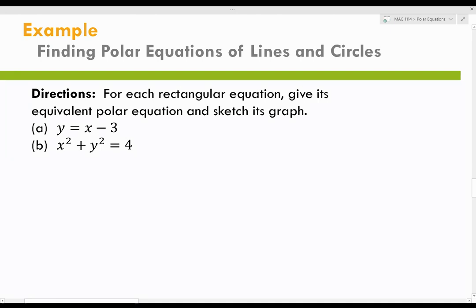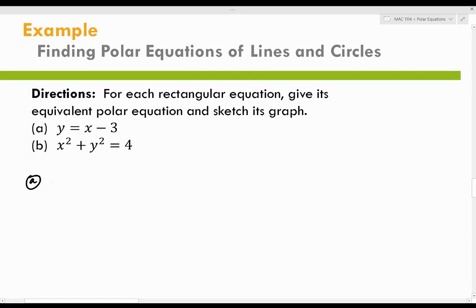So it says for each rectangular equation, give its equivalent polar equation and then sketch its graph, okay? So the one thing that I like to do is, especially if I know what shape this is supposed to be in the rectangular system, because they should make the equivalent shape in the polar system, I always sketch my shape first.